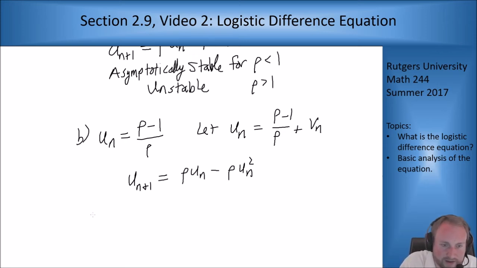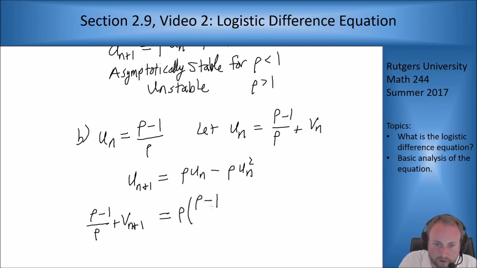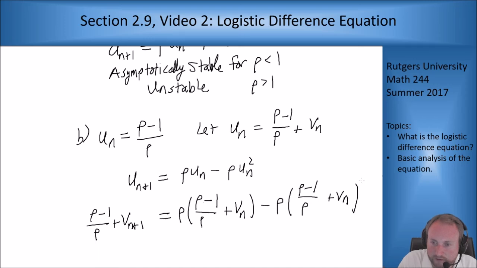So I get that rho minus 1 over rho plus vn plus 1 equals rho times rho minus 1 over rho plus vn, minus rho times rho minus 1 over rho plus vn squared.